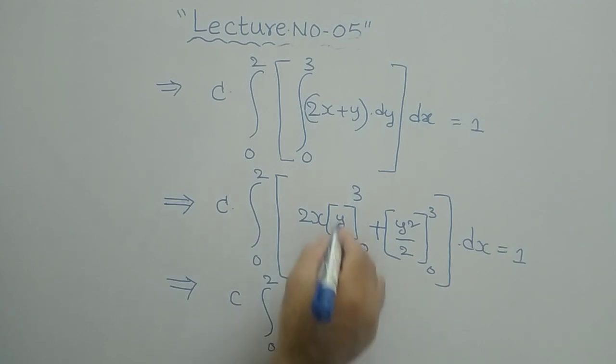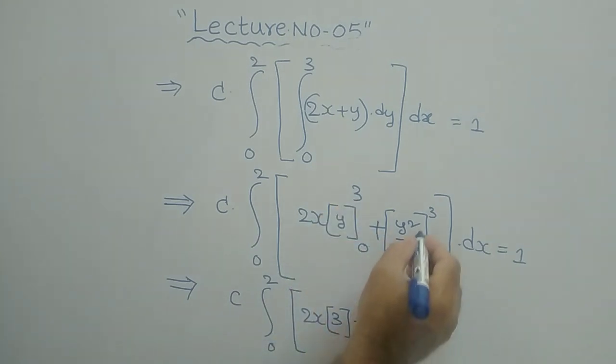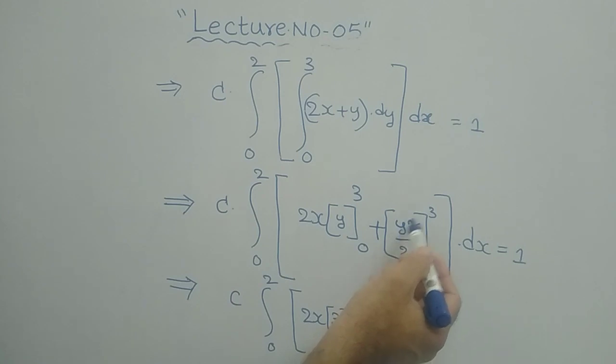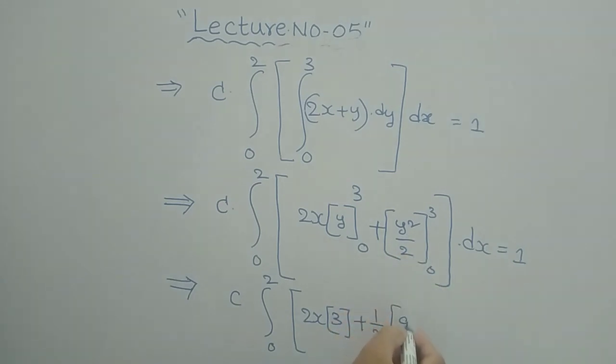So it is 1 by 2 take outside, and only y square we will have here again. 1 by 2 is a constant. In y square, in place of y substitute upper limit minus lower limit. So in place of y substitute 3, then it becomes 3 square. 3 square means 9. 9 minus 0 square, 0. Therefore you will get 9 here, right? Then close the bracket and write dx here, and then it is definitely 1.